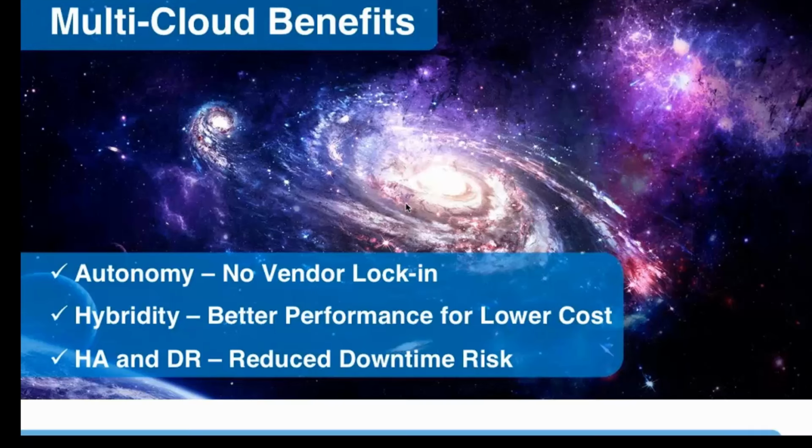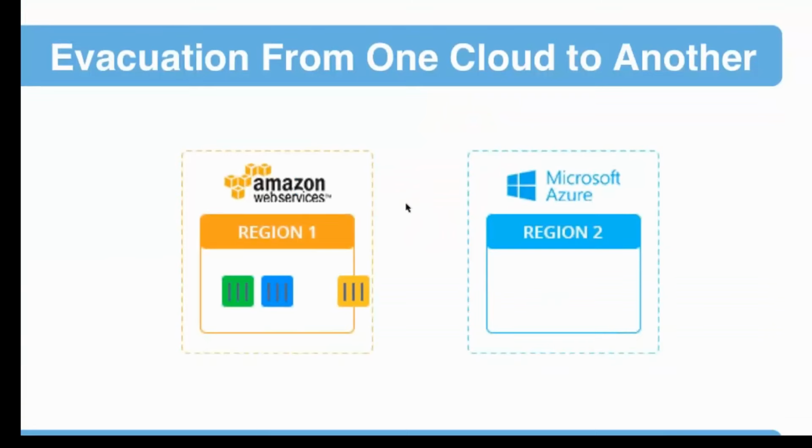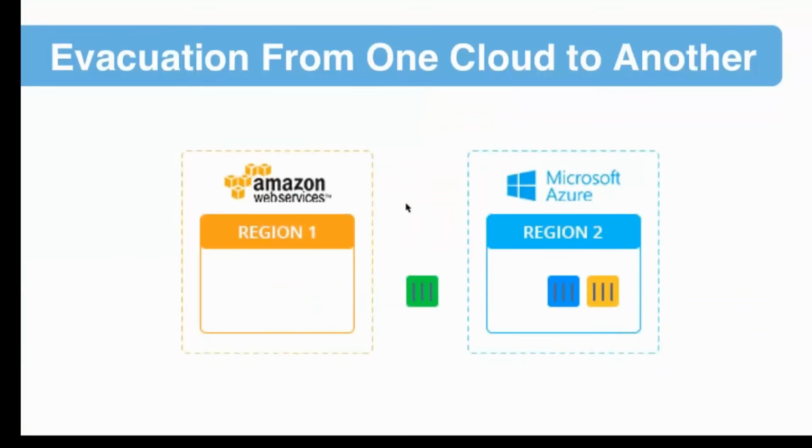Well, let's talk about the evacuation scenario. For example, we have a set of applications, a set of containers on Amazon, and tomorrow something happens and you don't like Amazon anymore, or you just like Azure more than Amazon.